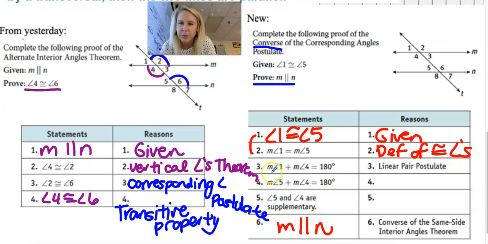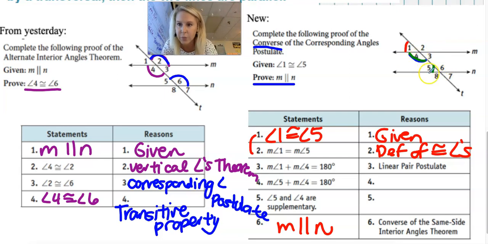All right, number 3 says angle 1, which is up here, plus angle 4 is going to equal 180, and that is because of the linear pair postulate, which makes sense. Number 4 says 5, down here in green, plus 4 is equal to 180.